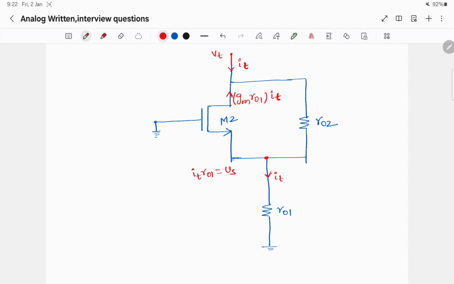You are supplying a current IT, and gm2 times ro1 times IT current flows in the above direction. So effectively the current flowing in this resistor is IT times (1 plus gm2 ro1).